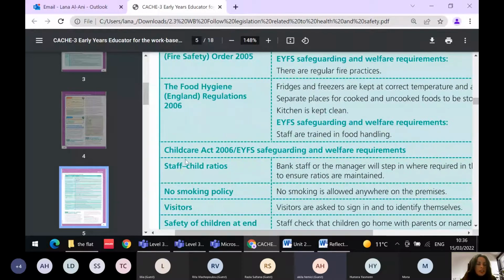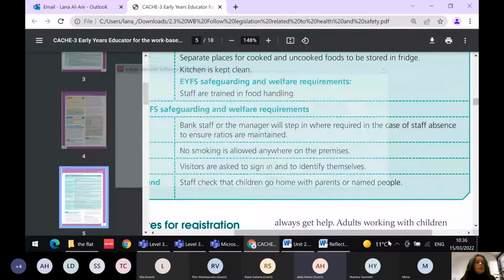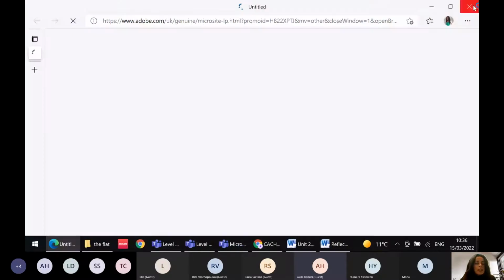So how about the Childcare Act 2006? The EYFS safeguarding and welfare requirements are like below. The staff to child ratios is very important. It shouldn't be just one person taking care of the whole nursery.